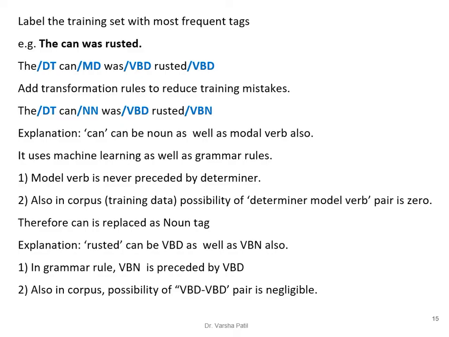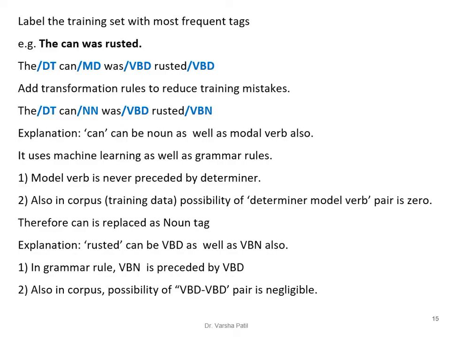Now for rusted. Rusted can be VBD as well as VBN, because it is a regular verb, not an irregular one, so its past participle and past tense are the same. Now in the grammar rule, VBN is preceded by VBD. Also in the corpus, the possibility of a VBD-VBD pair is negligible, because when VBD is there, for example was, after that there is always a past participle, so it is replaced by VBN.